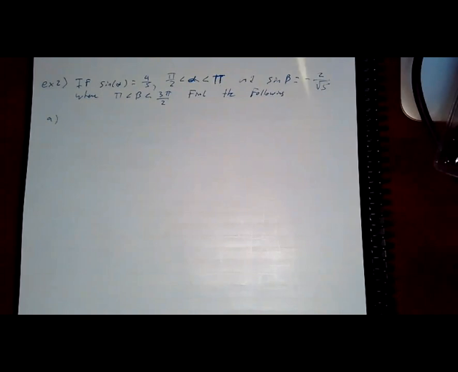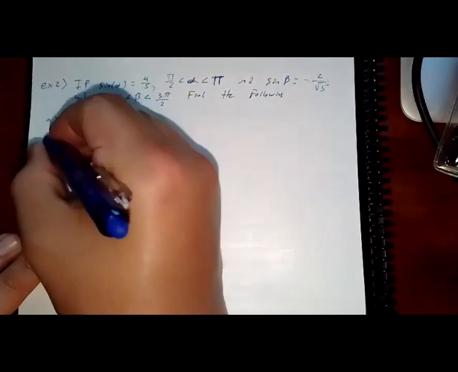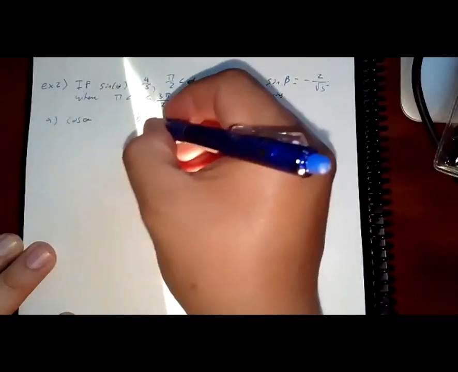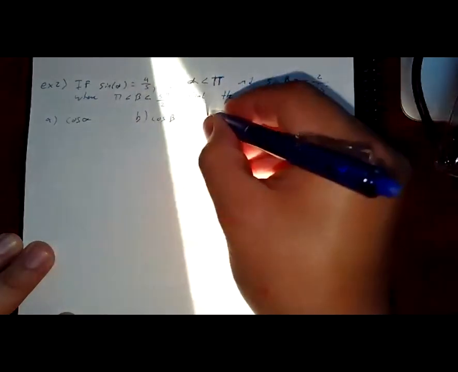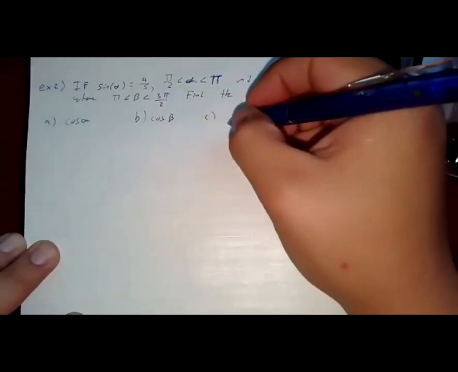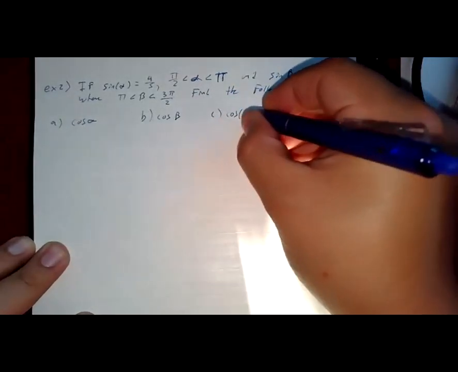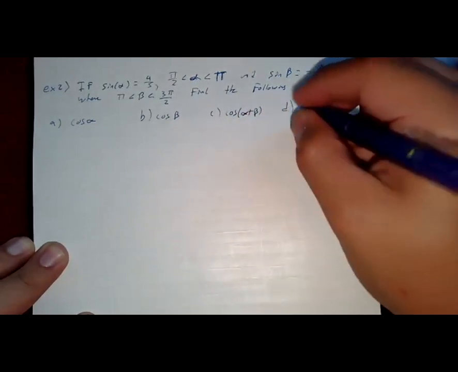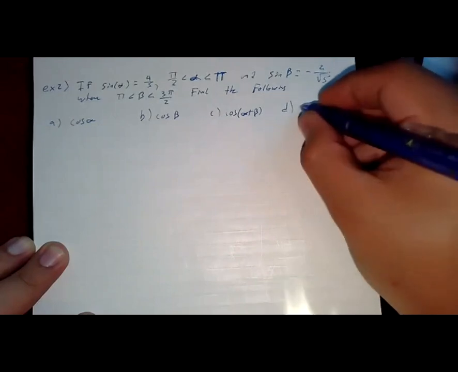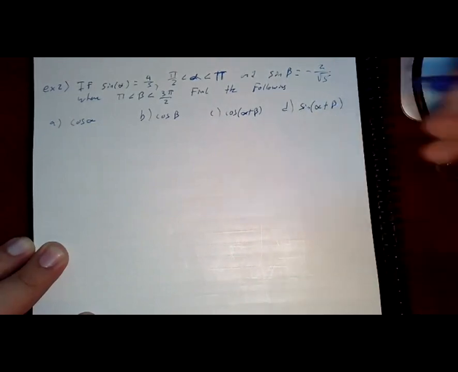Part A is cosine alpha. Part B is cosine beta. Part C is cosine of alpha plus beta. And D is sine of alpha plus beta. My alpha looks like a Jesus fish, so whatever.